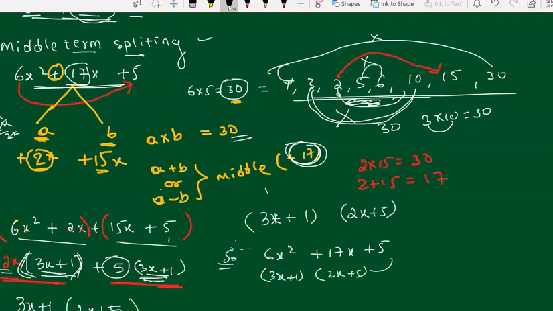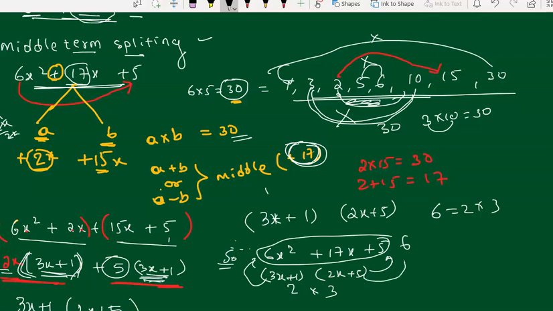I can split this back. Here I am simply writing 6 is equal to 2 cross 3, right? So let's assume this is 6, and it is 2 and 3. These are the two factors. Why? Because this divides this equation and this also divides this equation. To find out the factors, this is the first method, the middle term splitting method. I hope you understood this middle term splitting method.